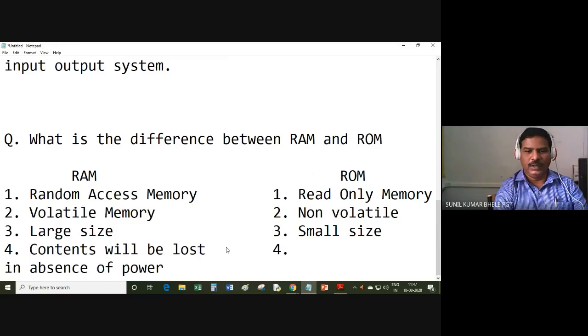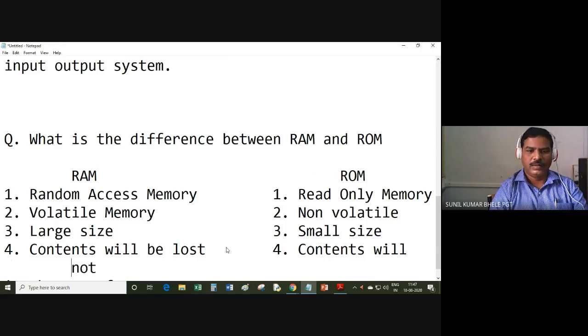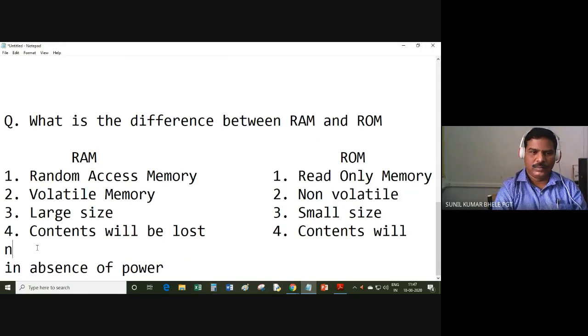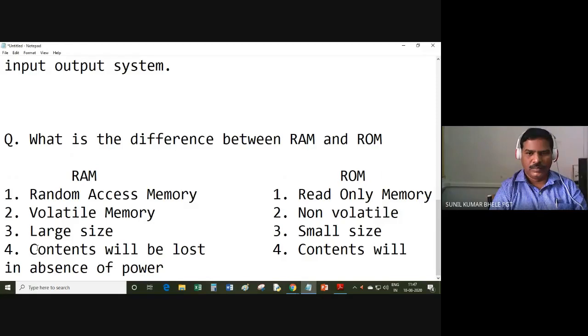Here you can write contents will not be lost.